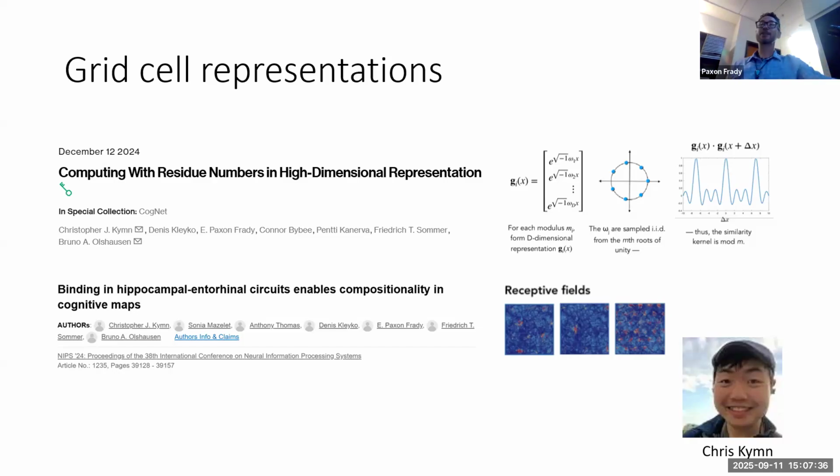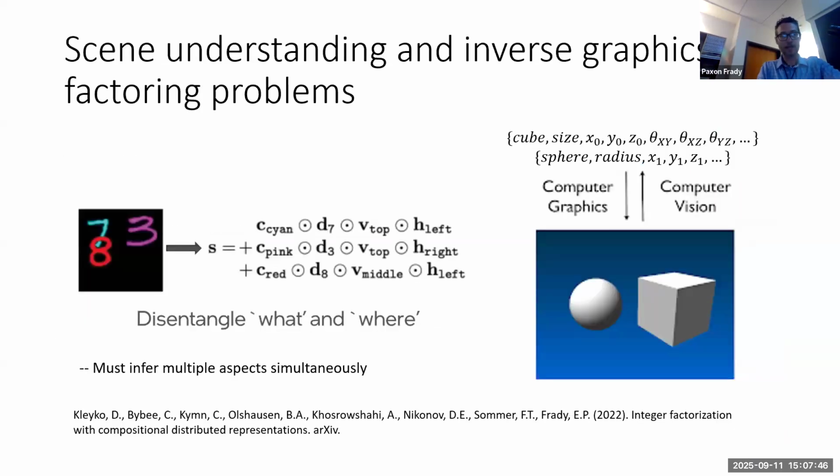Grid cells are located in the entorhinal cortex, which is usually thought of as the primary input to the hippocampus.